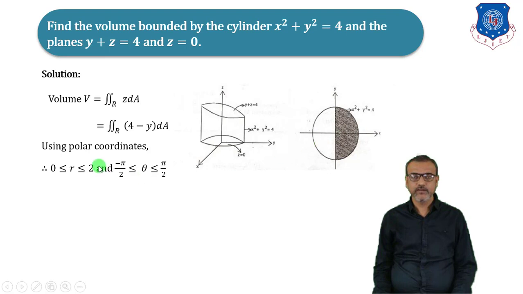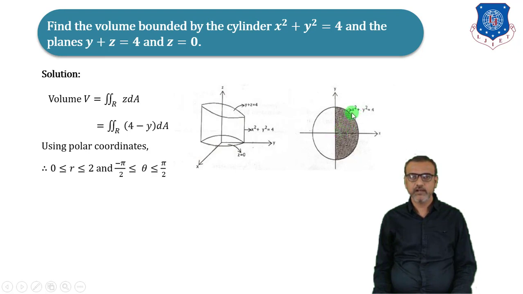So if we are going to find this integration in polar coordinates, then we require the limits of r as well as the limit of theta. Now you can see from this diagram that here at this point you will find the value of r equals 0, and if you consider a strip like this, the value of r at the point which is on the circle will be 2.